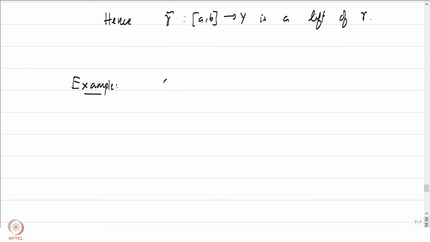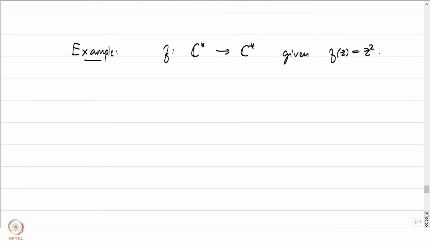Look at the map F from C star to C star given by f of z is equal to z squared. We checked some time back that this is indeed a covering map, and let's consider the unit circle. The curve gamma of t is equal to e to the power it, where t goes from 0 to 2 pi.